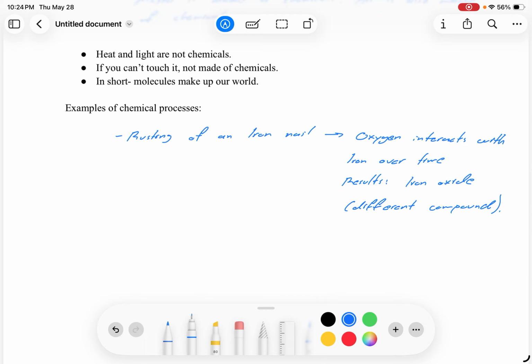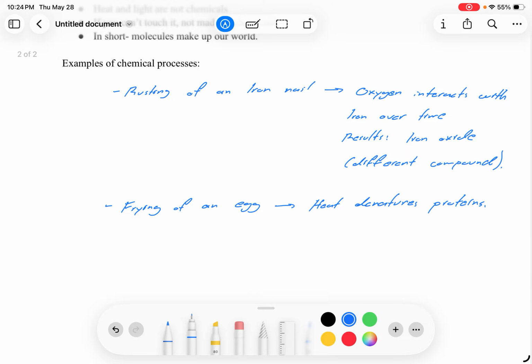Let's look at another one. The frying of an egg. Heat denatures proteins. Assuming this is your first chemistry course, I will assume that you don't really know what the structure of a protein is.